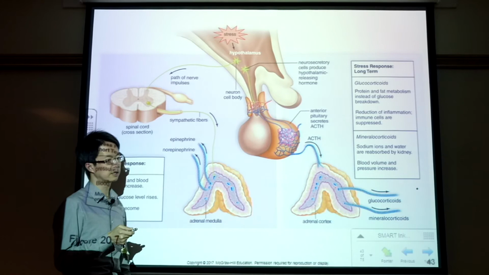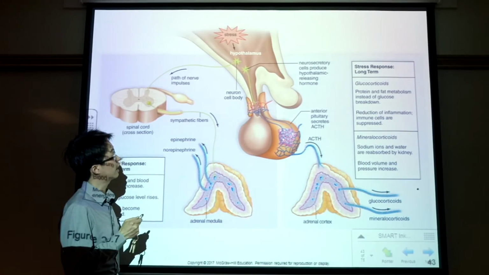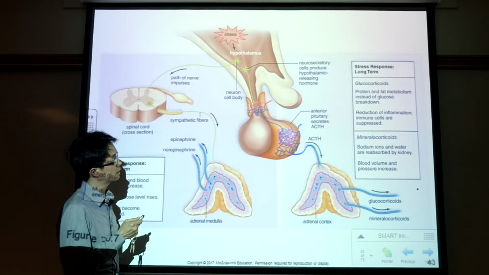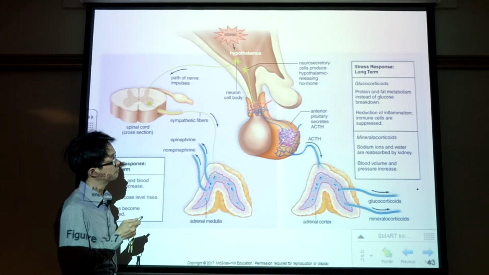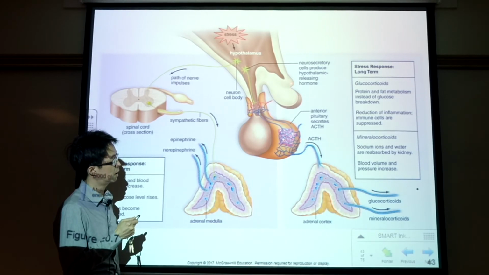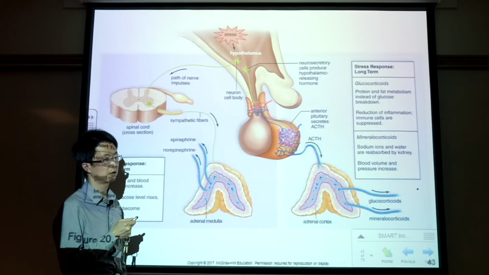For long-term dealing with stress, we start from the hypothalamus, secreting a hypothalamic releasing hormone. We call this CRH, corticotropin releasing hormone.